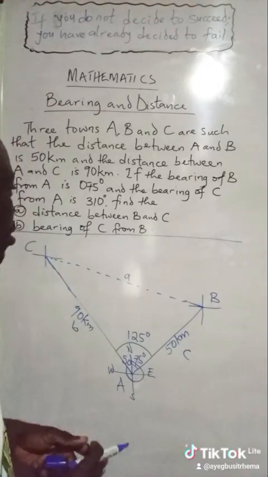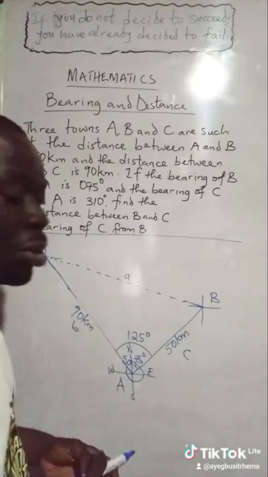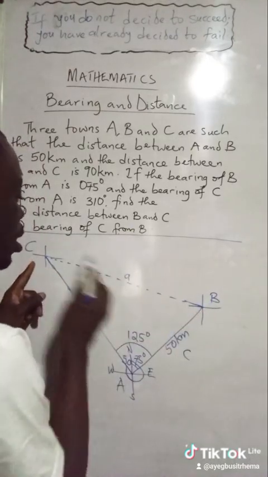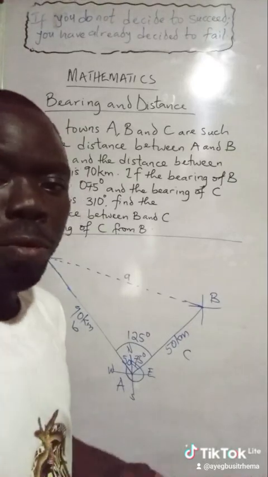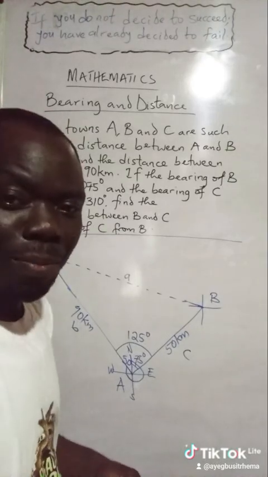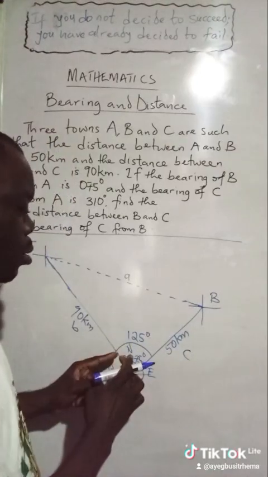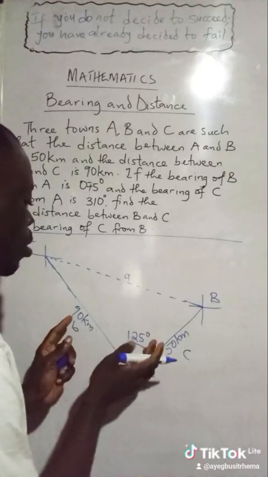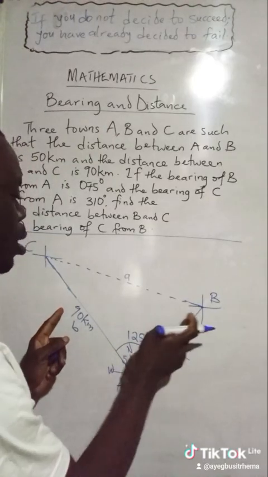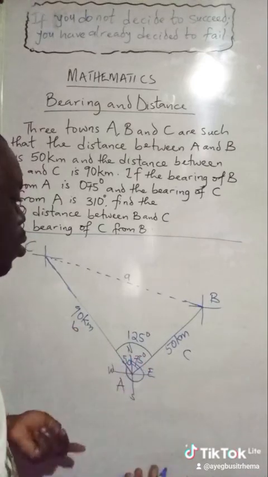Now, having done that, it is easier for us to solve the distance between B and C. The distance between B and C is small letter a. So how do you now solve it? You make use of what we call the cosine rule. Why are we using the cosine rule? You have two sides enclosed by an angle. So now these two sides, each of the angles facing them does not have any value.